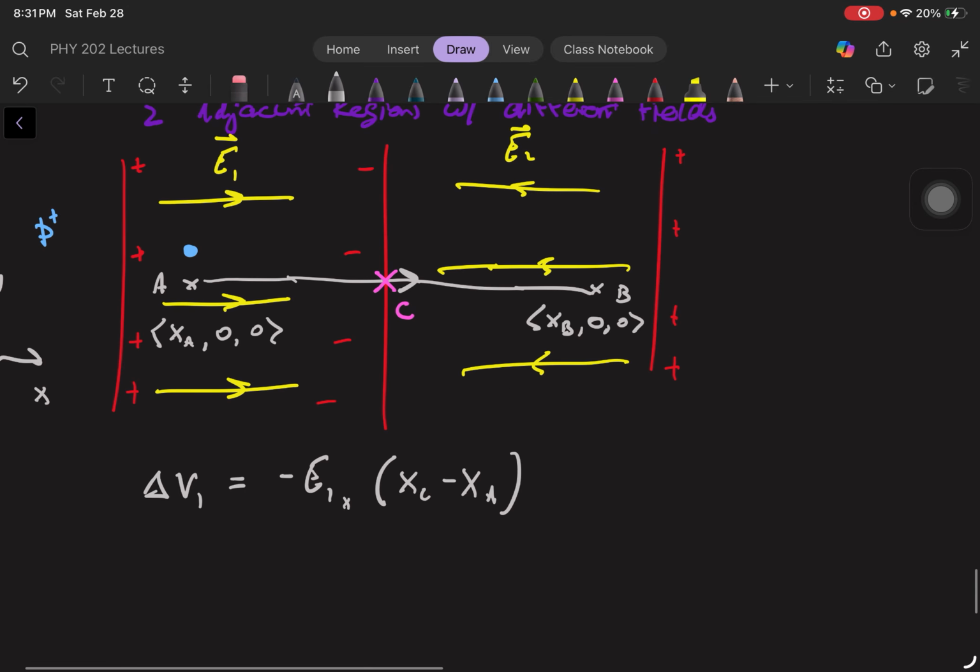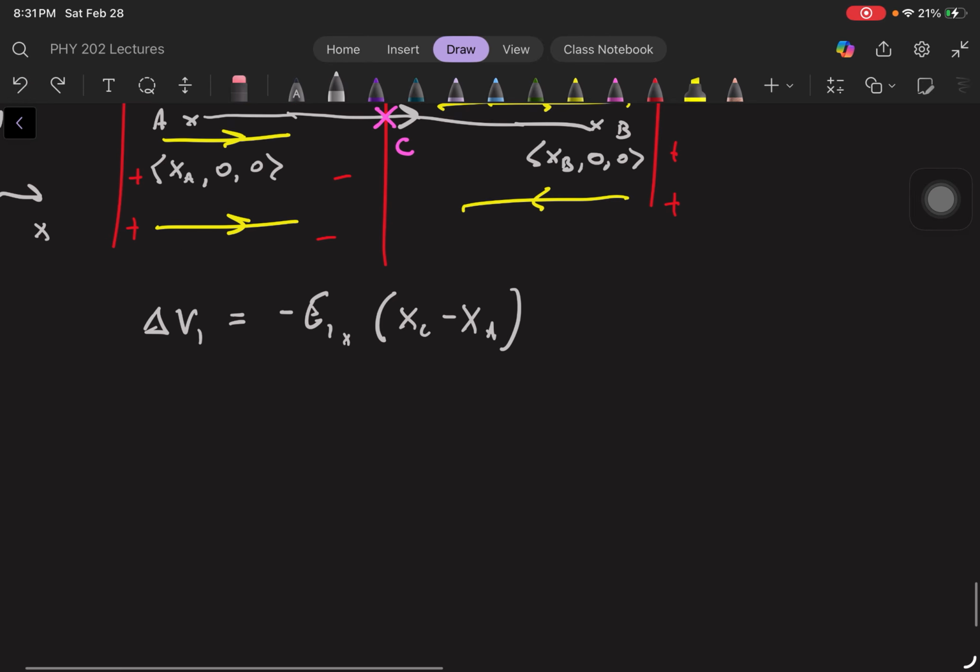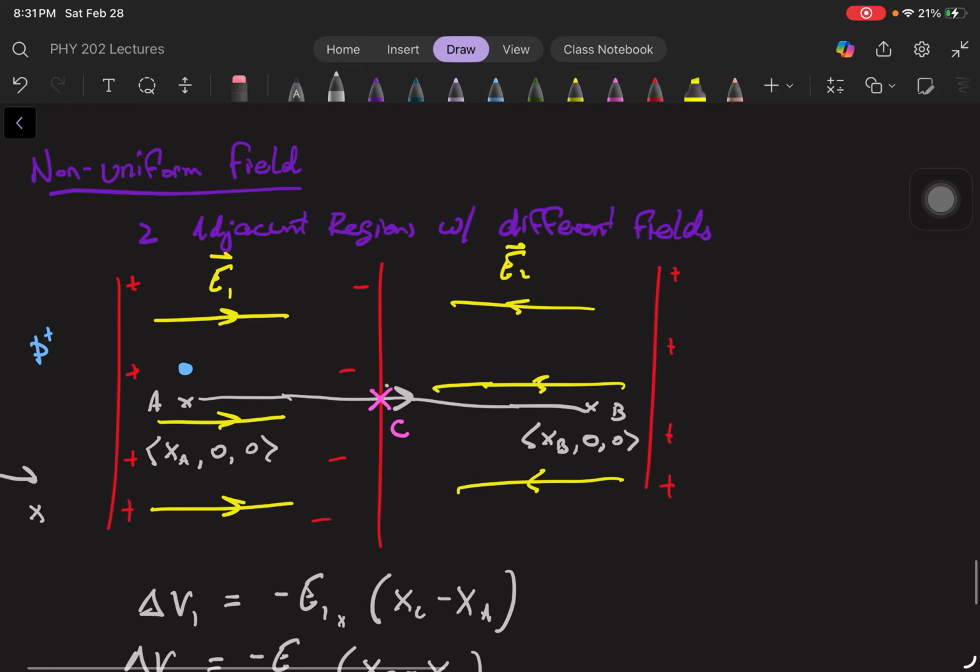All right, and so that's just the potential difference going from here to here. And then we'll have delta V2 is going to be negative E2x times xb minus xc, and that'll correspond to the potential difference from this hop right here.